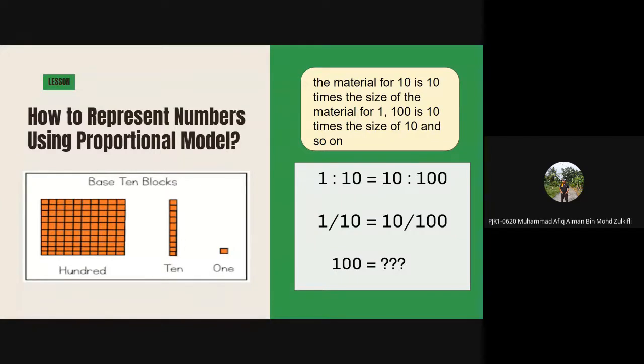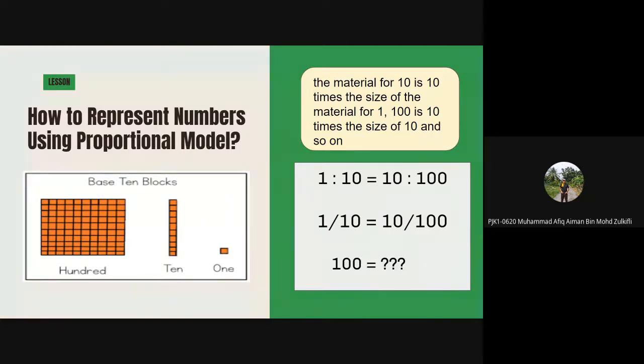So the model that we use must be in the same size for 1 unit. We can say that the material for 10 is 10 times the size of material 1. Then the material for the 100 is 10 times the size of the material for 10.